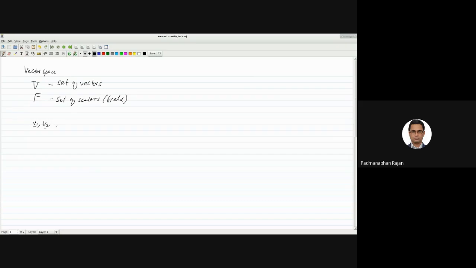And we can do various operations, because we want to be able to perform operations on these vectors. We could, for example, combine the vectors by addition, V1 plus V2. So here by V1 plus V2, we are combining the vectors, and this is an addition operation which you have defined on the vectors.